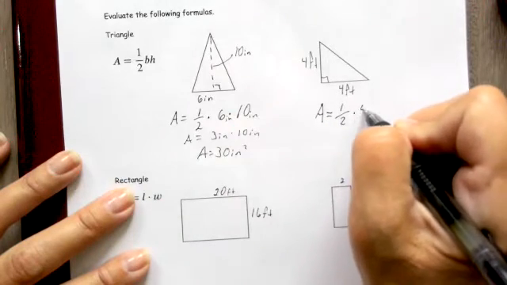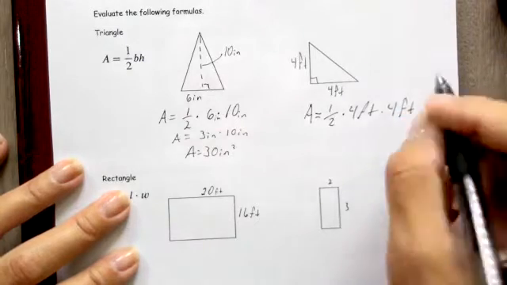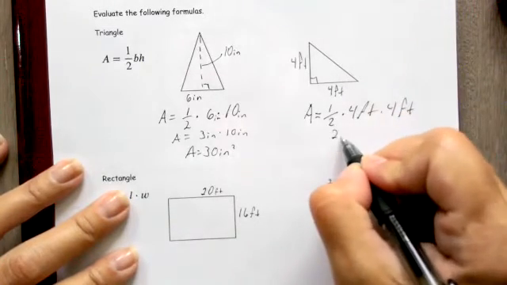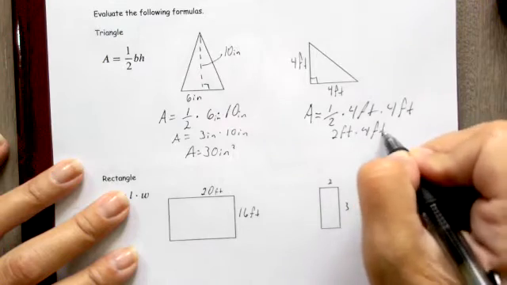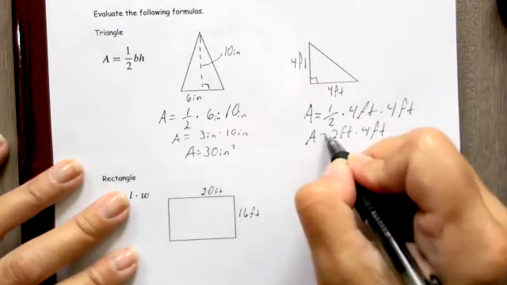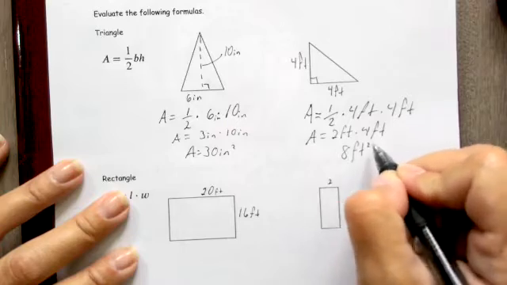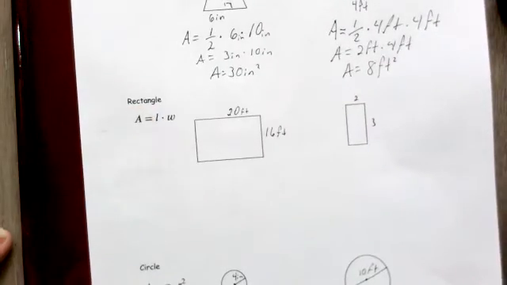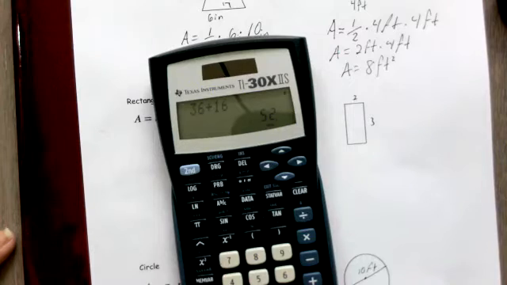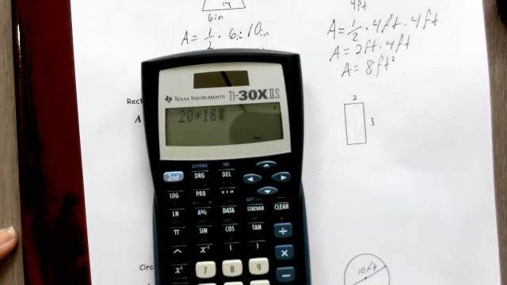1/2 times base times height. Half of 4 is 2. Order of operations, I'm going to keep going with my multiplication. 2 times 4 is 8 feet squared. 20 times 16.